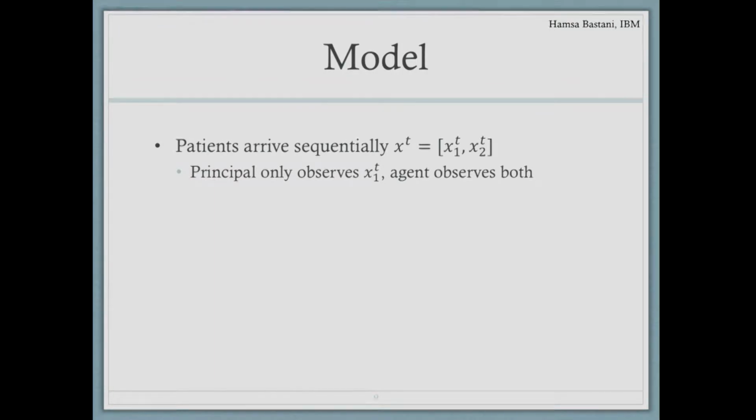And there's asymmetric information, which we're going to capture by bucketing these features. So we have X1_t and X2_t. X1_t is the set of information about the patient that everyone observes, so the insurer sees it as well as the doctor. This could be things like age, past diagnoses, past medications. So even Medicare knows quite a bit about the patient before they walk into the doctor's office.